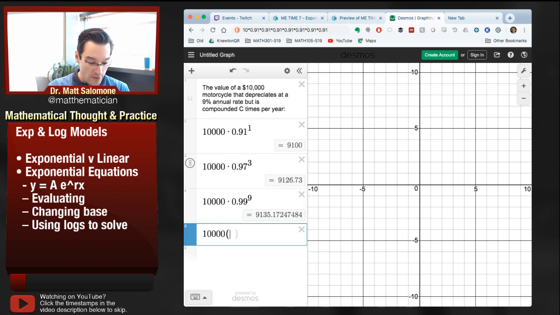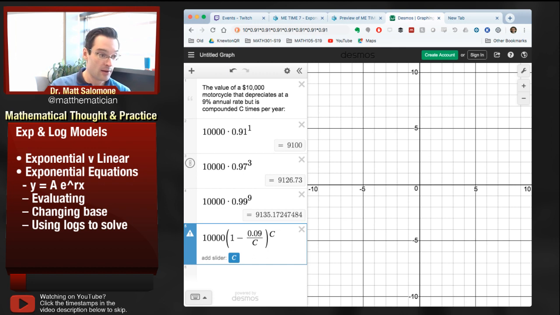So let's think about what's happening. I'm taking away 9% of my value, but I'm going to cut up that 9% among C different intervals of compounding. And then the number of times that I need to do that compounding over the course of the year is also C. So, for example, when I was doing 9 compoundings, 1% each time because it's 9% divided by 9, but then I had to do that compounding 9 times in order to get back to my 9% annual rate.